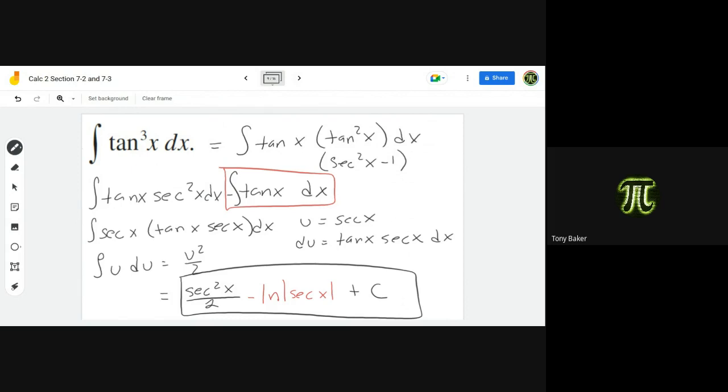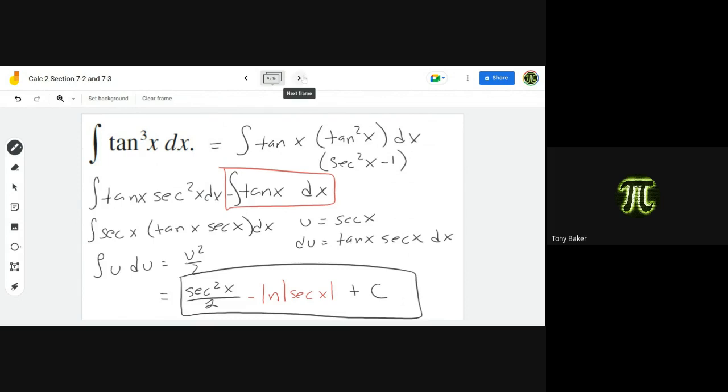And sometimes those don't come out to be nice. Like if it was 0 to pi over 4, and you can't figure out the secant of pi over 4 easily, it's just going to stay ln of secant of pi over 4, and that'd be fine. If it's not one that you should easily know or that's easily findable... secant of pi over 4 is, but you get the point. They're not always going to be nice intervals.